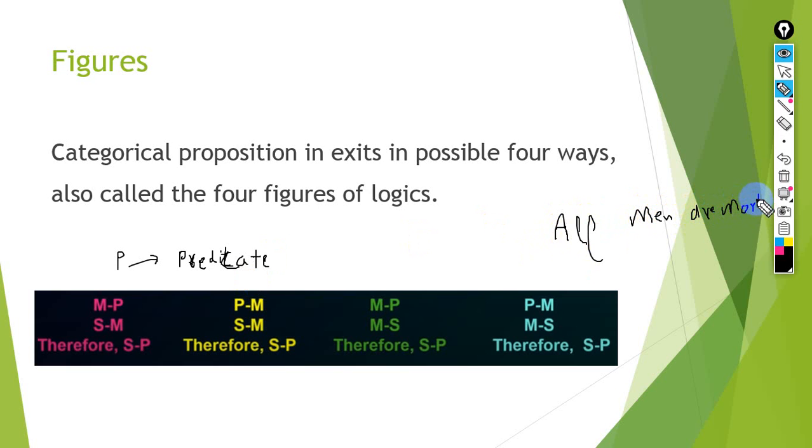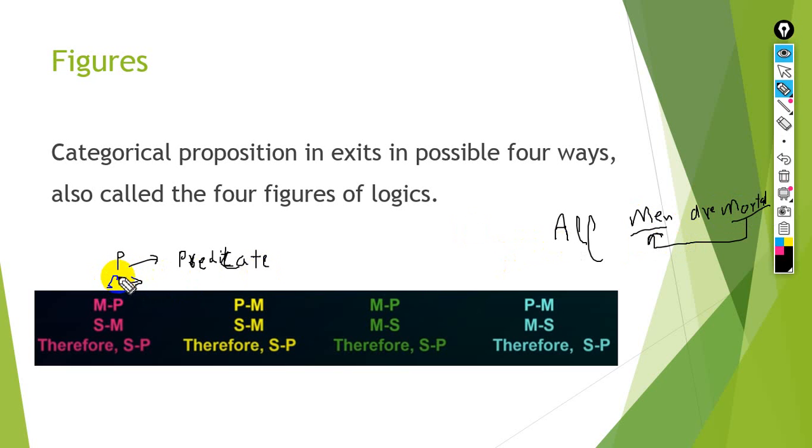In this proposition, men is the subject and mortal is the predicate which explains the subject. The subject is the word which is explained by the predicate. So here P is predicate and S is subject.